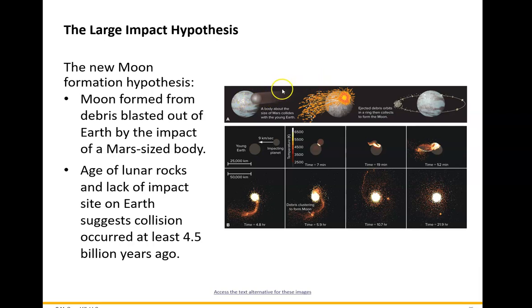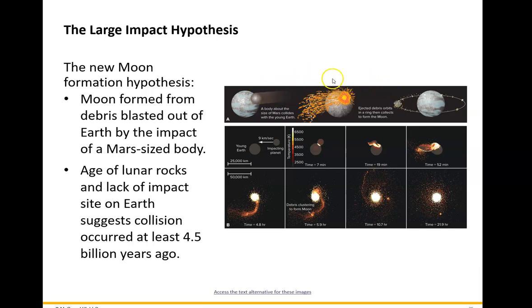And so Theia, this Mars-sized object, hit the Earth, and of course Theia doesn't exist anymore. Part of it is scattered all over the surface of the Earth, and some of it sunk down into the Earth, and then the rest of it, let me go through this.